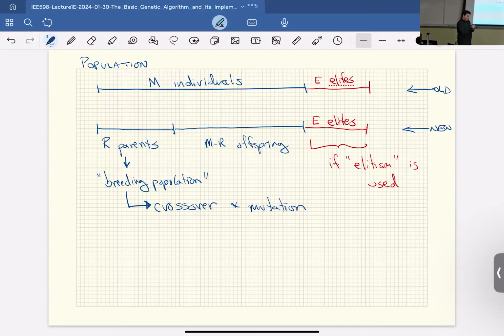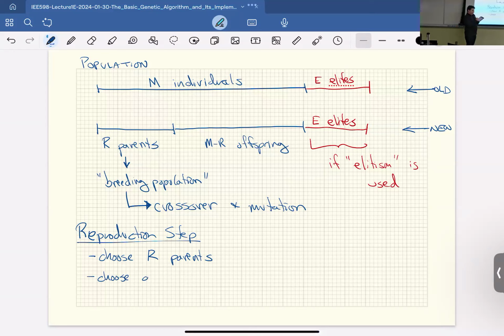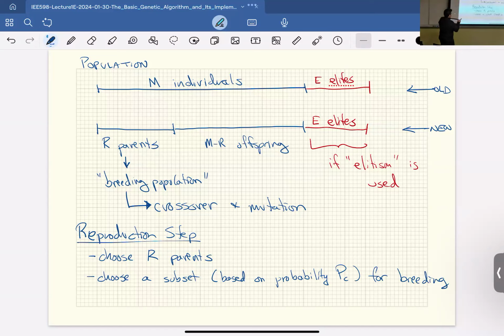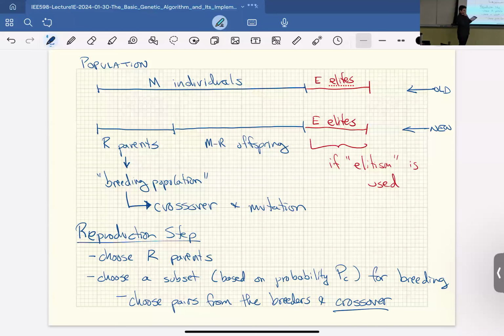So in this reproduction step, the idea was that you choose our parents, and then from our parents you choose a subset, say based on probability PC, for breeding, and then you choose pairs from the breeders and crossover, which we'll talk about in detail in a second.